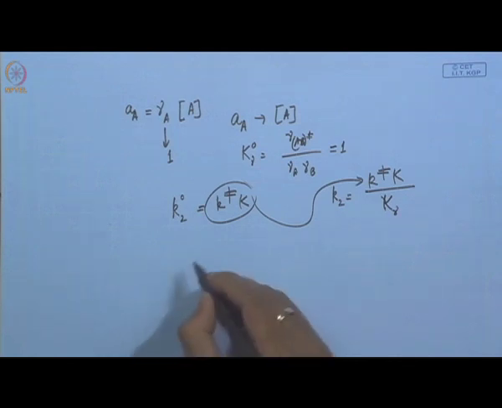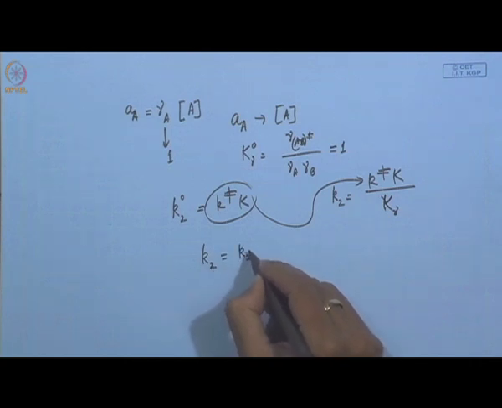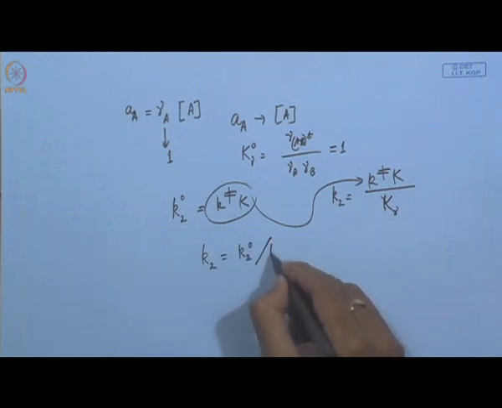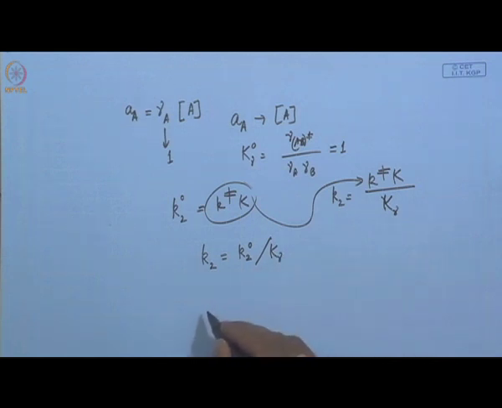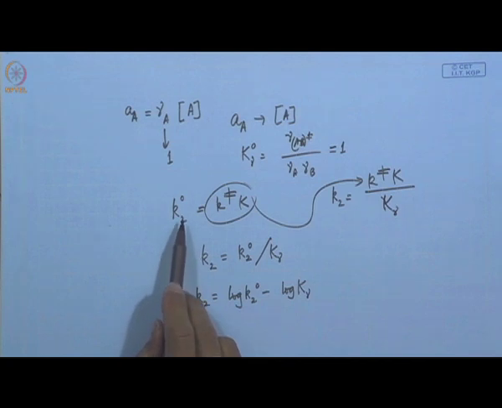Therefore your K2 is equal to K2 0 divided by K gamma. Now you take logarithm log 10 for both the sides. So log K2 is equal to log K2 0 minus log K gamma. So this one is your situation of infinite dilute case.